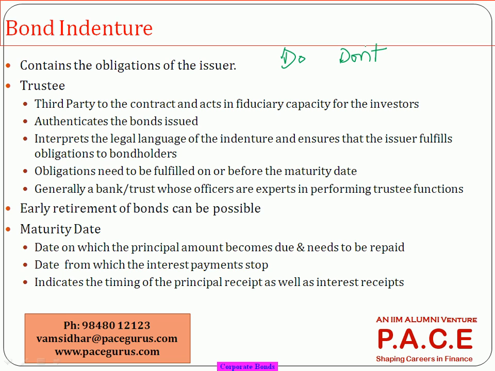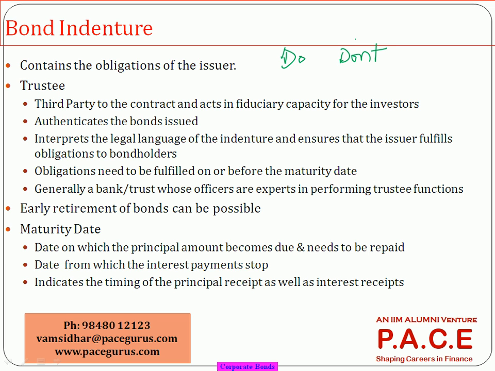All these things are mentioned at the time of issuing the bond itself, not in the middle. It's like a prospectus: whatever is written in the bond indenture, it is mandatory for the issuer to stick to those things.